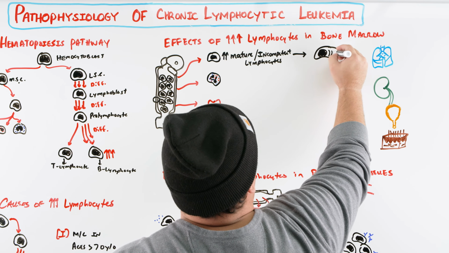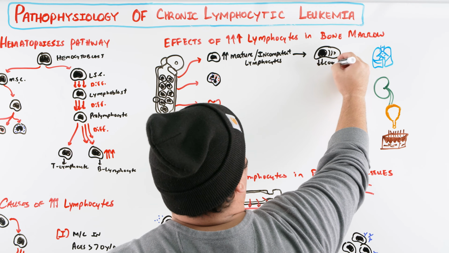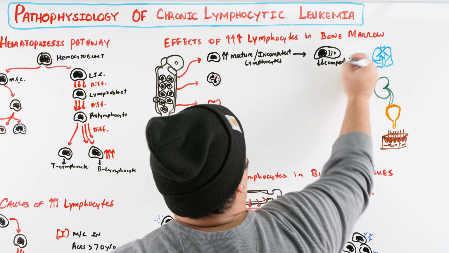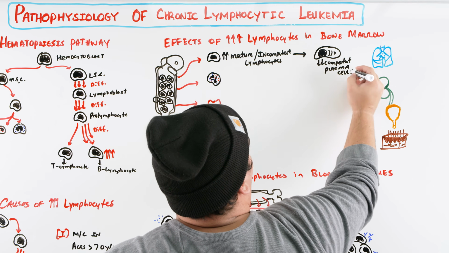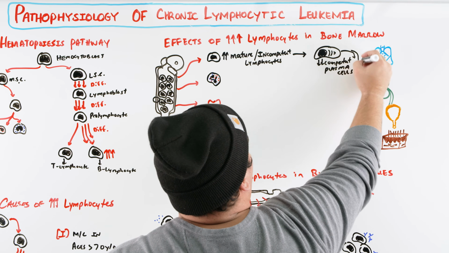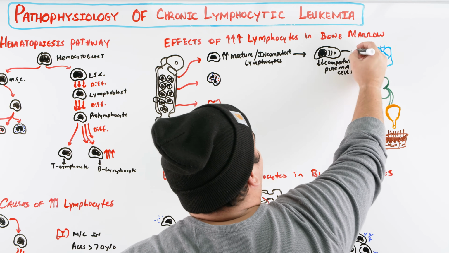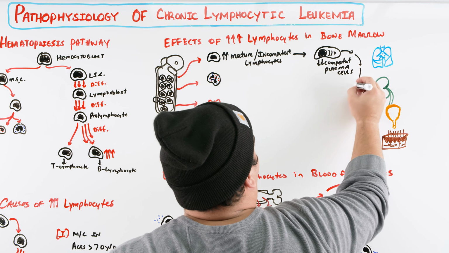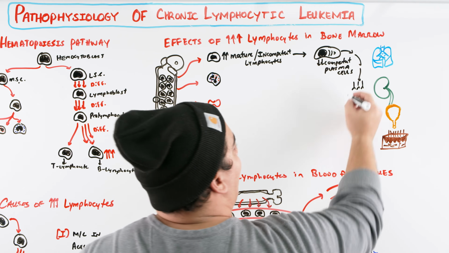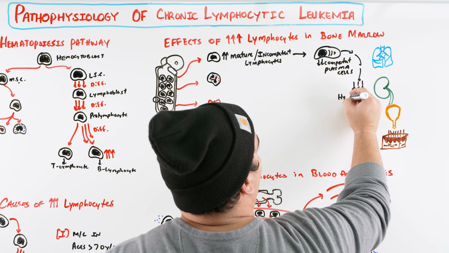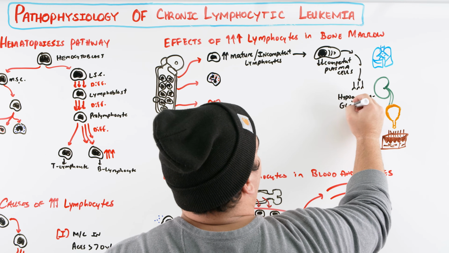Some of these lymphocytes are supposed to convert into plasma cells. And so you get decreased competent plasma cells. And if your plasma cells are not completely competent, then they aren't able to produce what? Antibodies. So if they aren't able to produce antibodies, you will have fewer antibodies being produced, and this is called hypogammaglobulinemia.